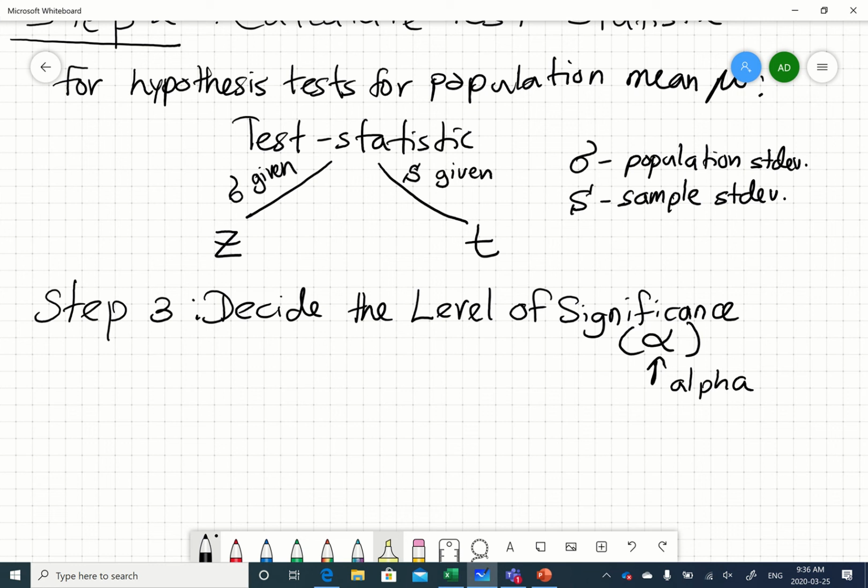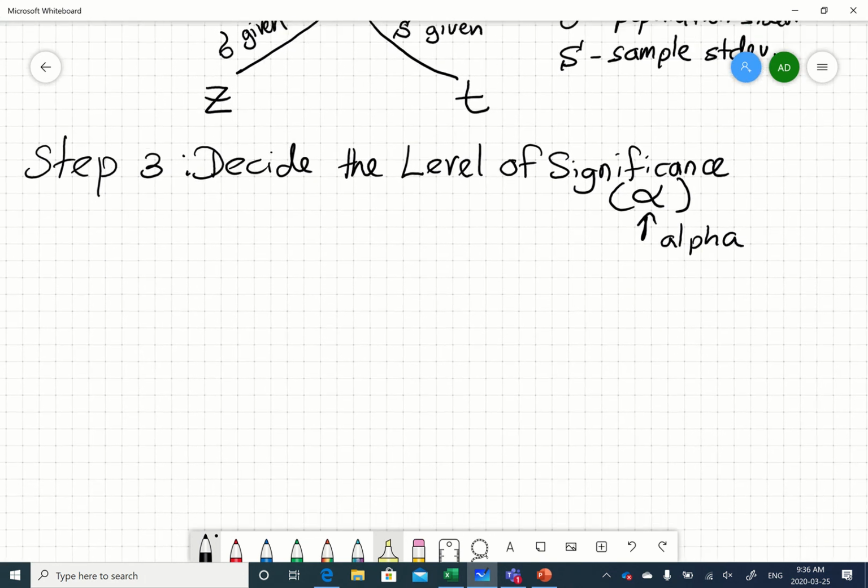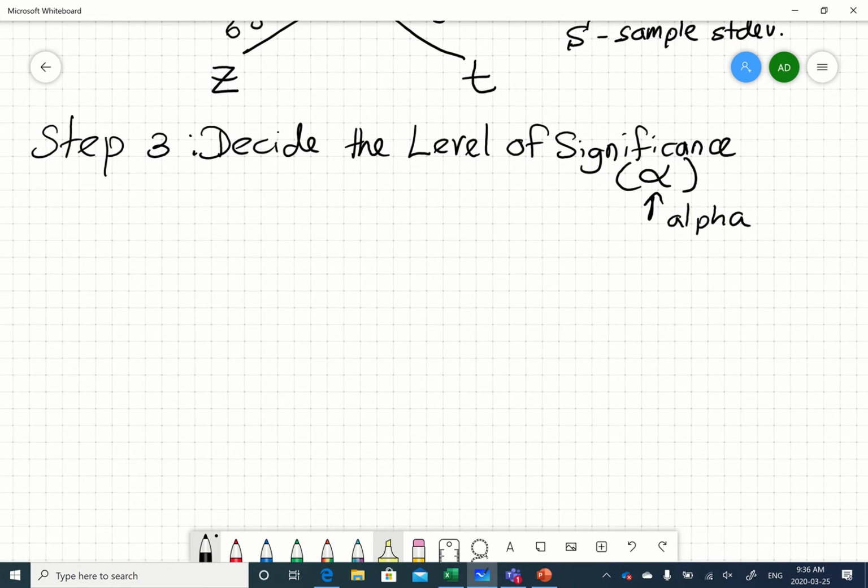So there's a chance of error. There's a chance that we may make a mistake. So the significance level is the bar, the amount of error that we are willing to tolerate. Same idea as in confidence intervals.